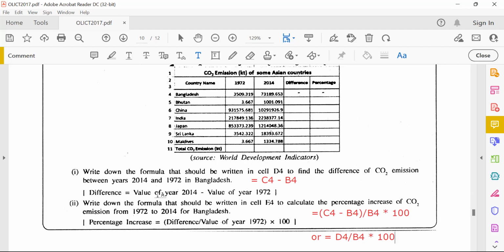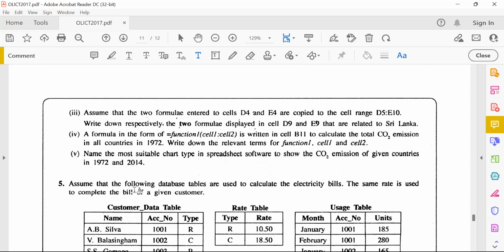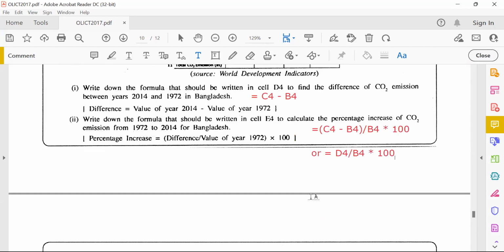So that's the answer for the second one. Yes, third one. Two formulas in cells D4 and E4 are copied to the cell range D5 to E10. So you are copying this to the range, and we have to write the equations for D9 and E9.